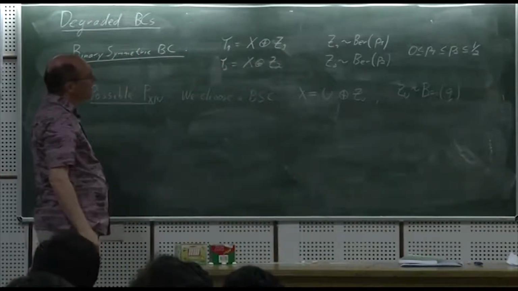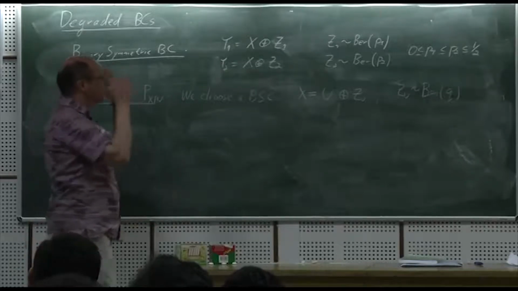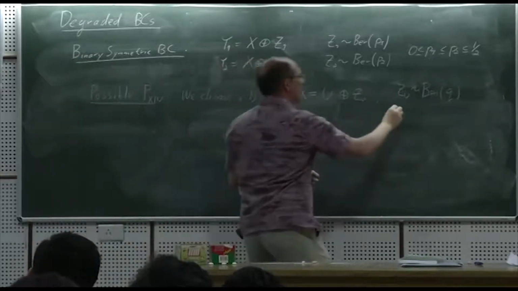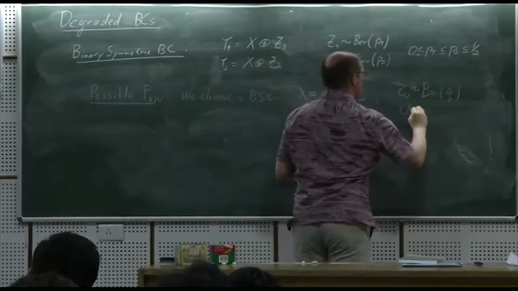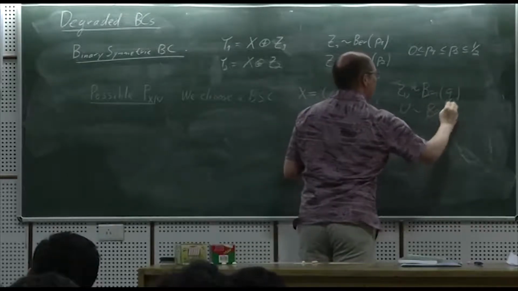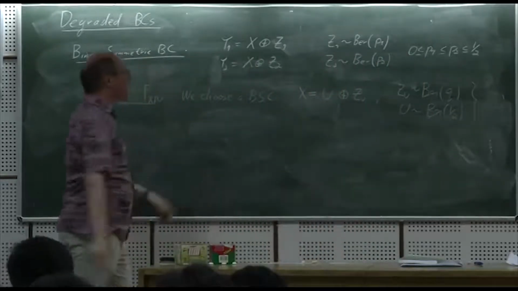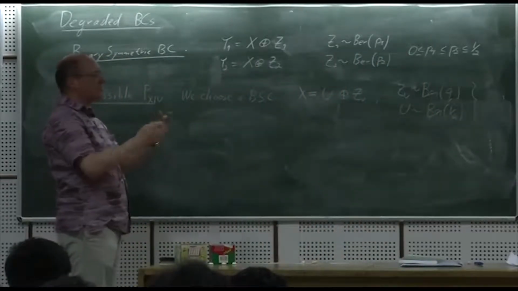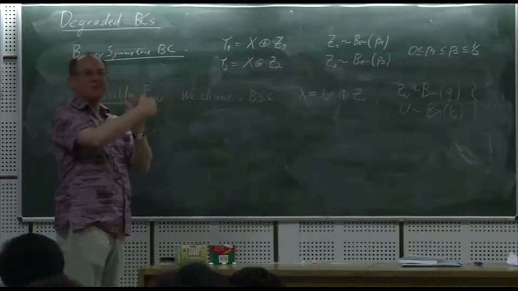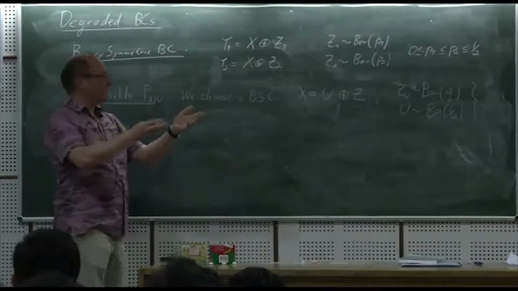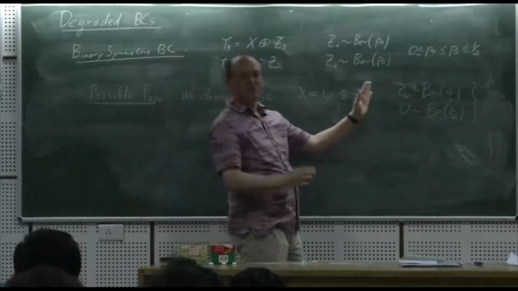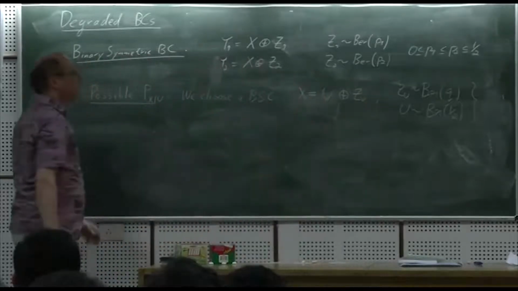Actually, is that right? I take that back. U is actually Bernoulli half. That's what we'll choose. It'll turn out that this choice is optimal. But in general, we would have to test all 3 probabilities in our optimization, and then we somehow need to prove that this choice is good enough. It turns out this choice is good enough.